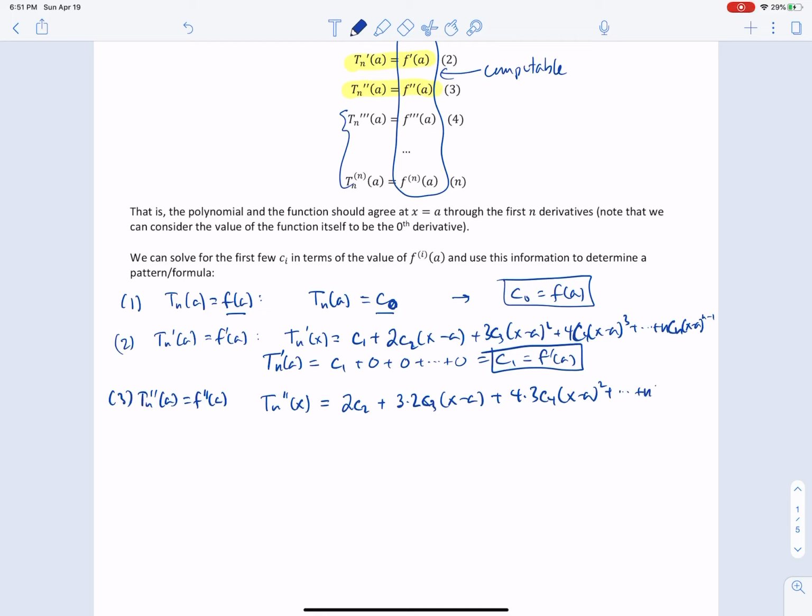And then at the end, I'm going to have n times n minus 1 Cn x minus A to the n minus 2.